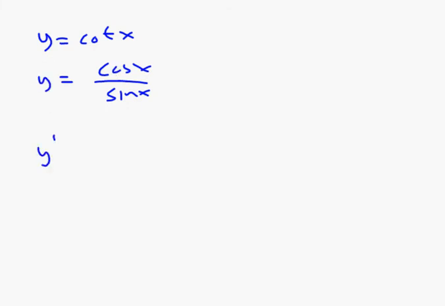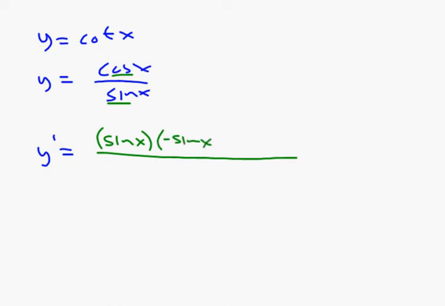And now when you go to find y prime, you can see that you have a quotient of functions. So use the new quotient rule you learned, which was low d high minus high d low over low squared. So what does the quotient rule tell us? Well, it's the low function, or the bottom function, times the derivative of the top function, which, the derivative of cosine would be negative sine x, minus the bottom function, or I'm sorry, that's not true, the top function.